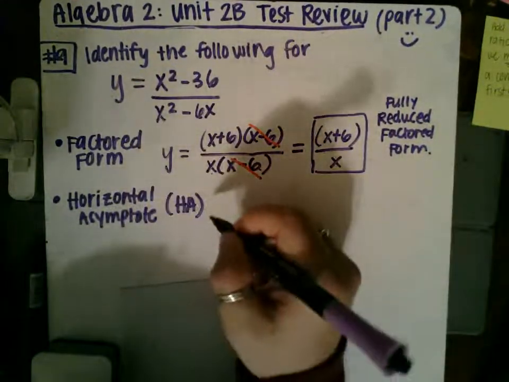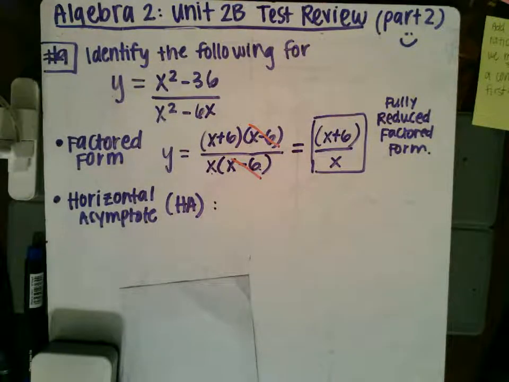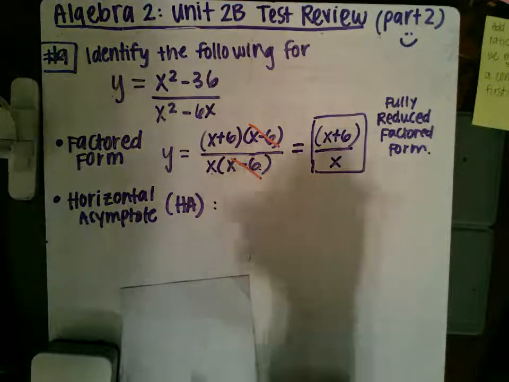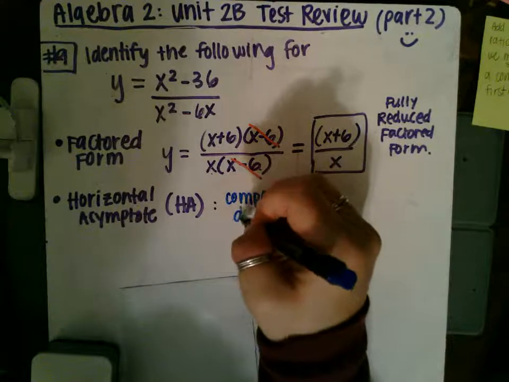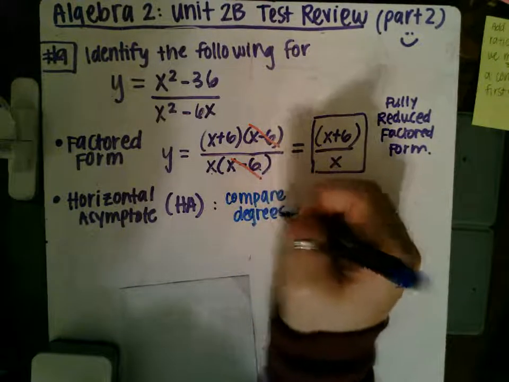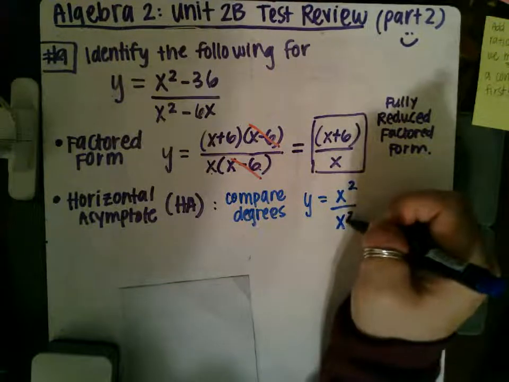And I need to compare the numerator and denominator. So I'm going to write this in a different color, just so we compare the degree. So y equals x squared over x squared.